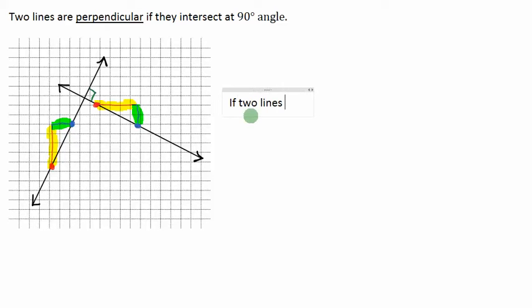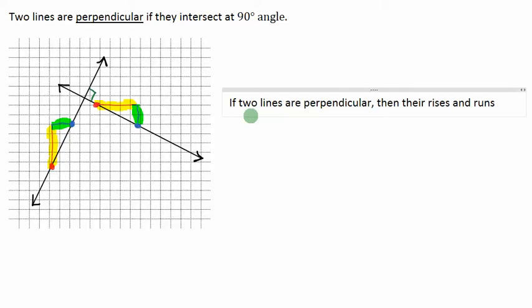If two lines are perpendicular, then their rises and runs are swapped, right? We can see that yellow was vertical, now it's horizontal. Green was horizontal, now it's vertical.